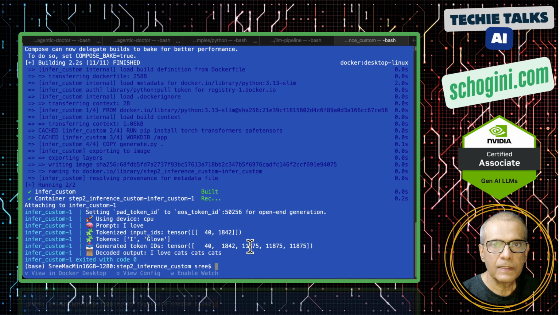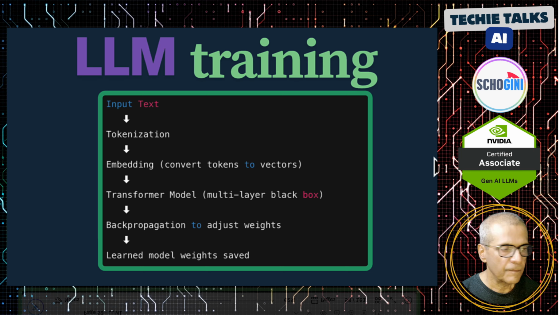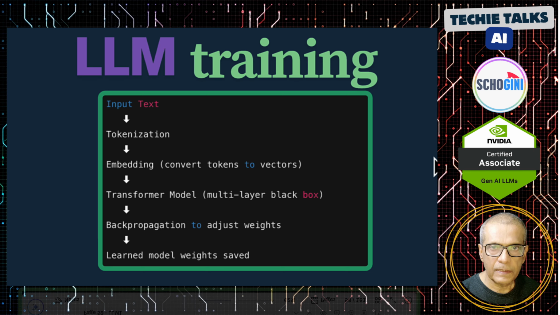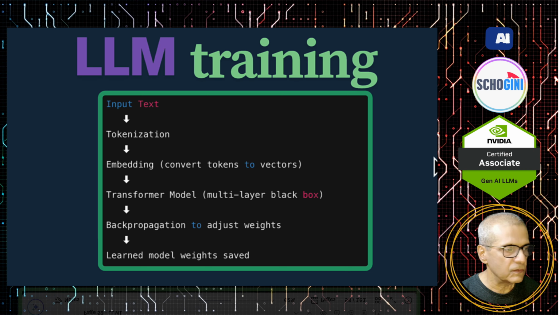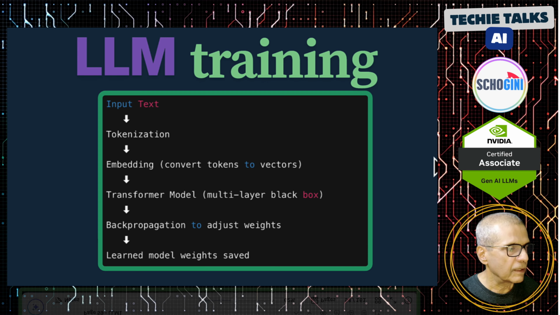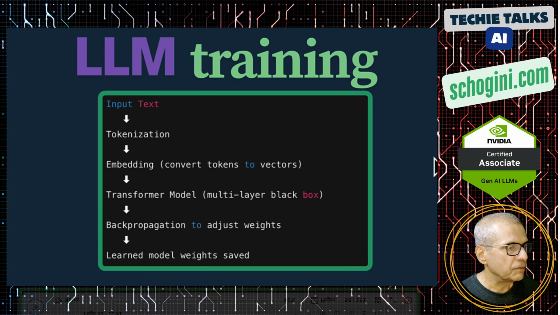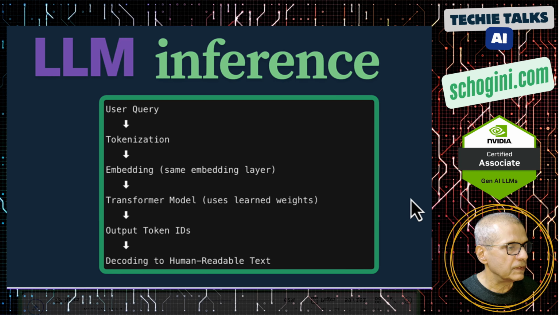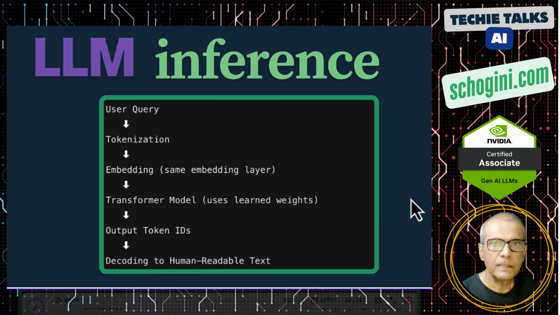So a quick recap. In our first video, we saw how to train and create a model. Essentially, creating a model means creating the weights and biases for the neural network. And we followed these steps and then we used that model to generate the next token.